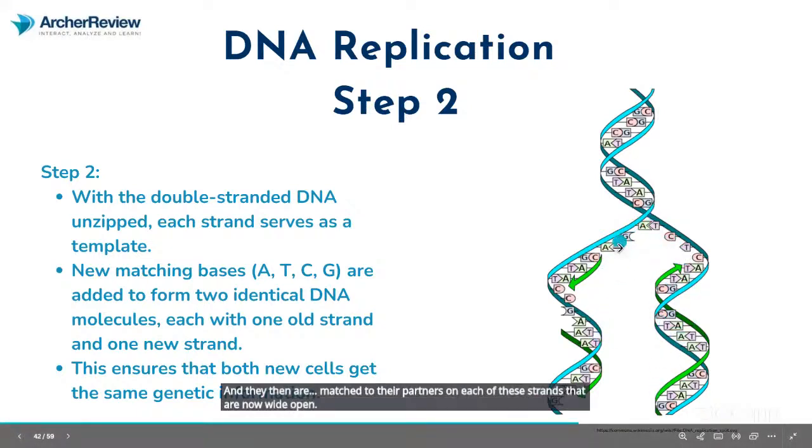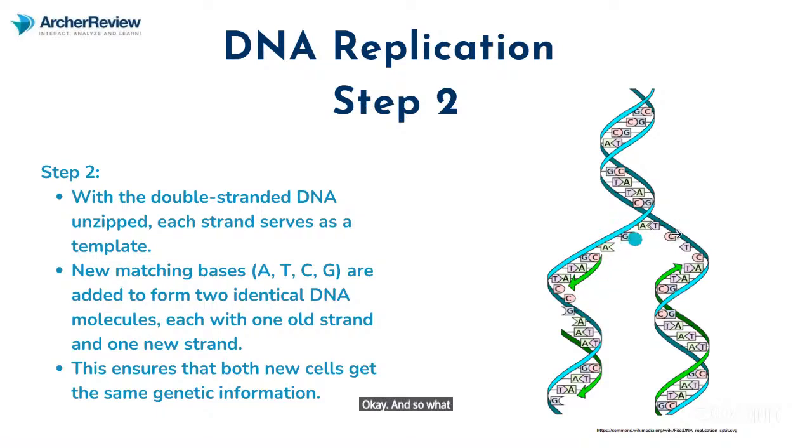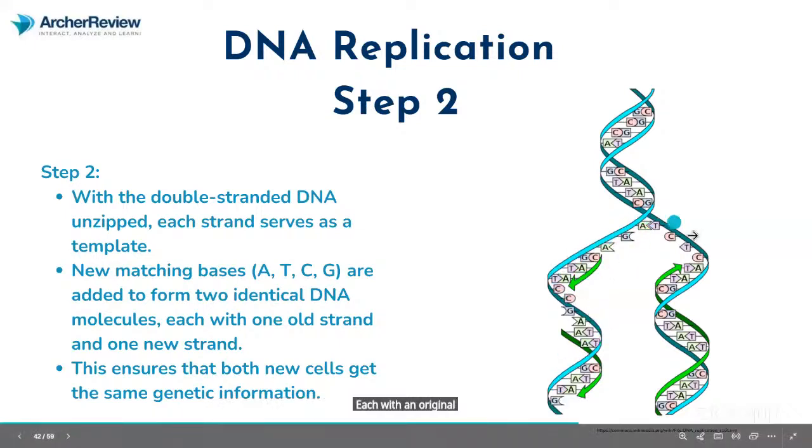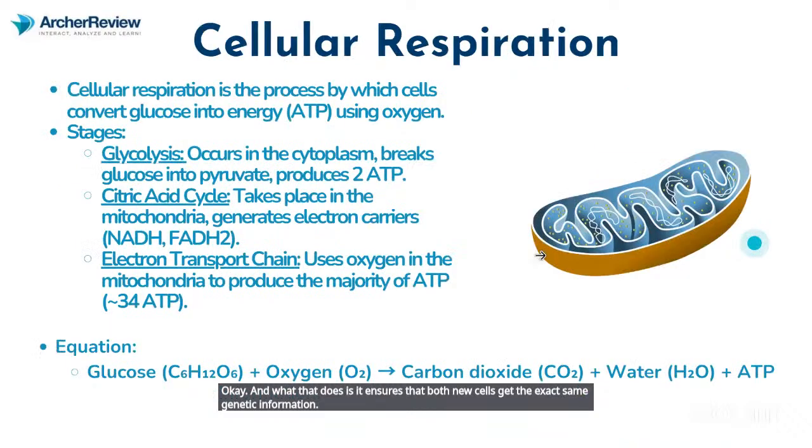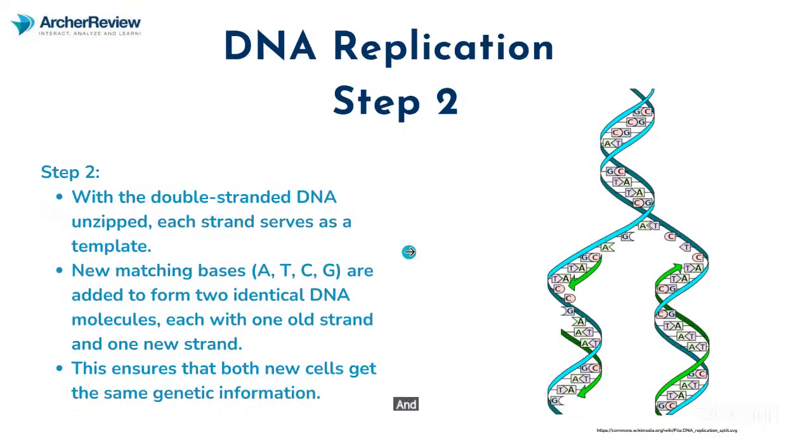And so what happens then is we end up with two new strands of DNA, each with an original strand and each with a new strand. And what that does is it ensures that both new cells get the exact same genetic information. And in that case, we end up with two cells that are completely identical.